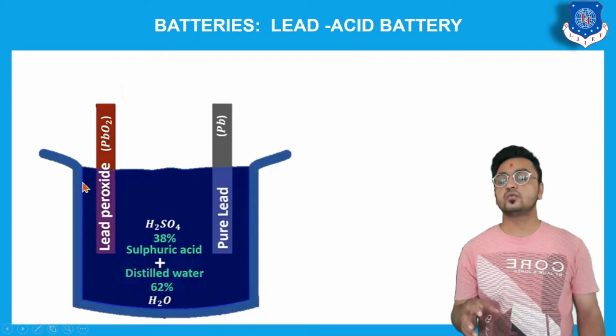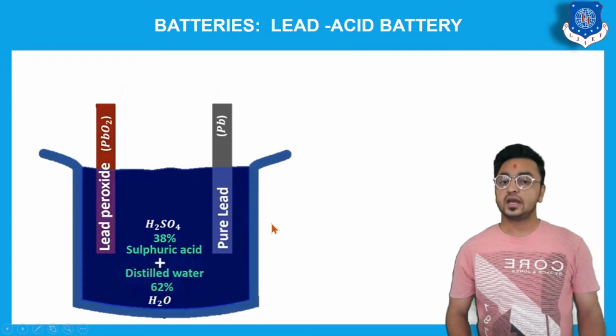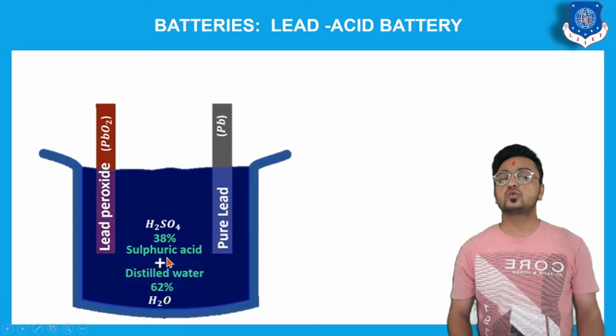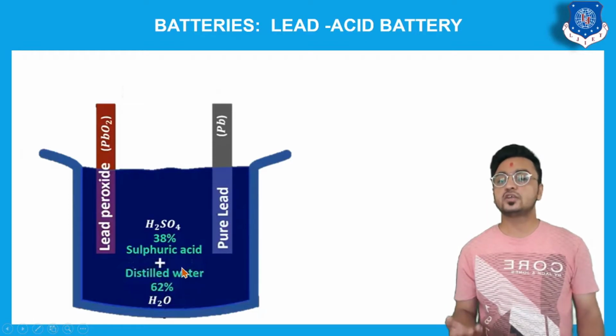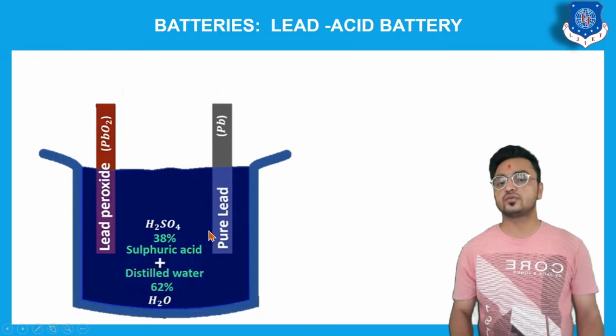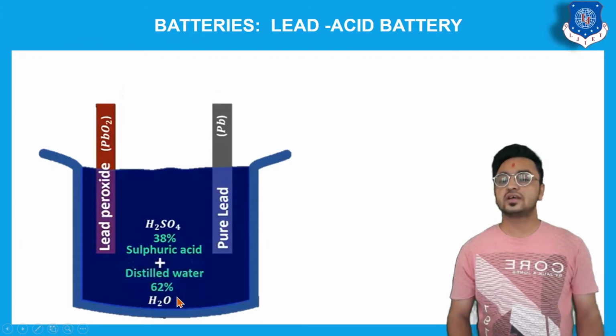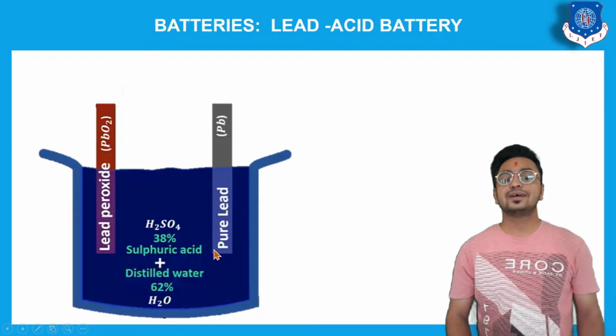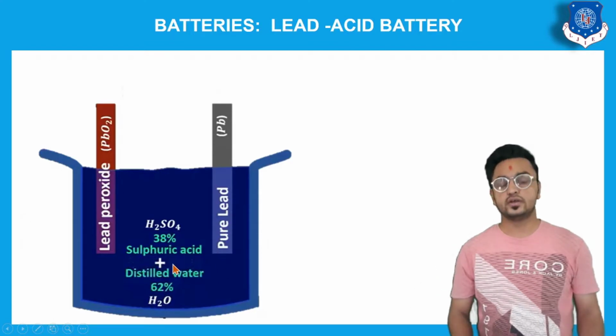In that container, we have an electrolyte, H2SO4 sulfuric acid, mixed with distilled water. If you find the percentage, here we have used 38% H2SO4 and 62% water. This forms the electrolyte material.